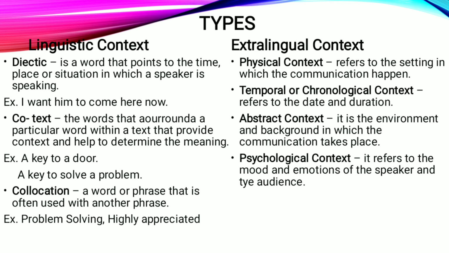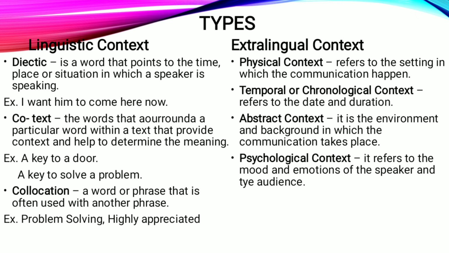When we say abstract, it is about the environment and the background in which the communication takes place. For example, colleagues having a conversation with each other. The dialogue or the conversation between colleagues can be affected by the nature of their relationship.